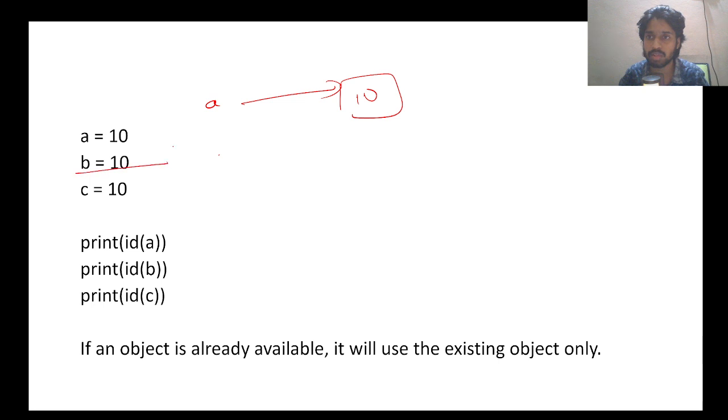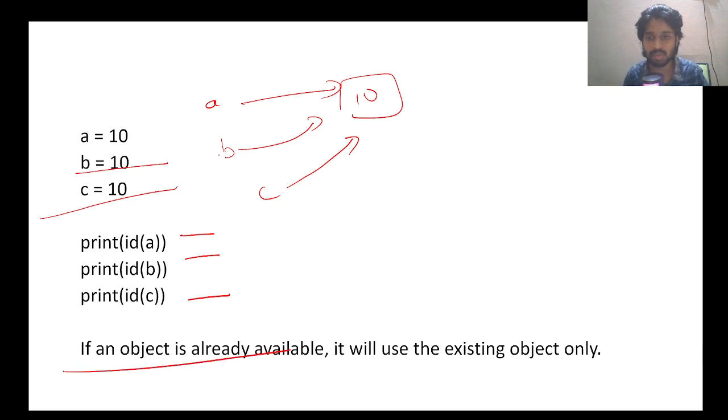When I execute this and print the addresses, all the addresses will be same. So if an object is already available, it will use the existing object. That's the main idea of the concept of immutability. First of all, the object will not change, and the next thing is that if the object already exists inside the memory, then there is no point in creating new memory.